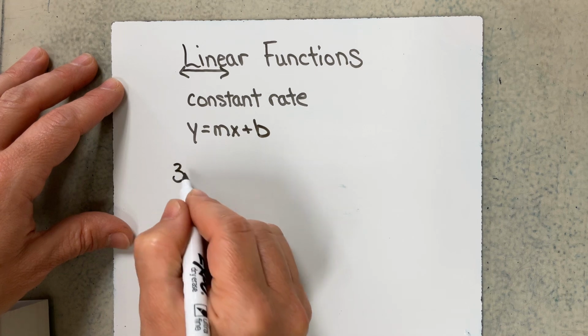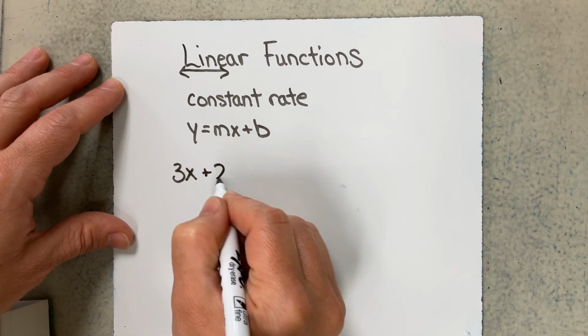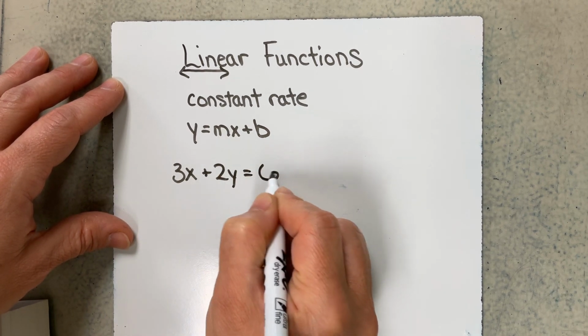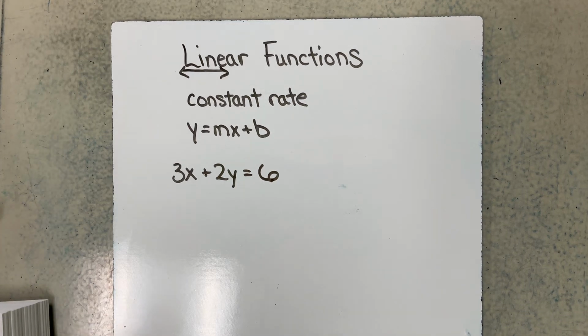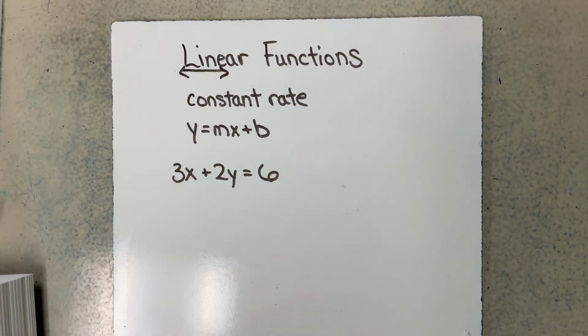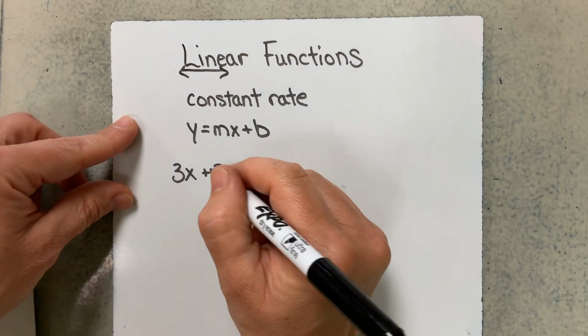So if we're looking at 3x plus 2y equals 6, I want to know, is this a linear function? Well, I don't really know because it's not quite in that form, but I'm going to turn it into that form. So what I'm going to do is solve for my y.